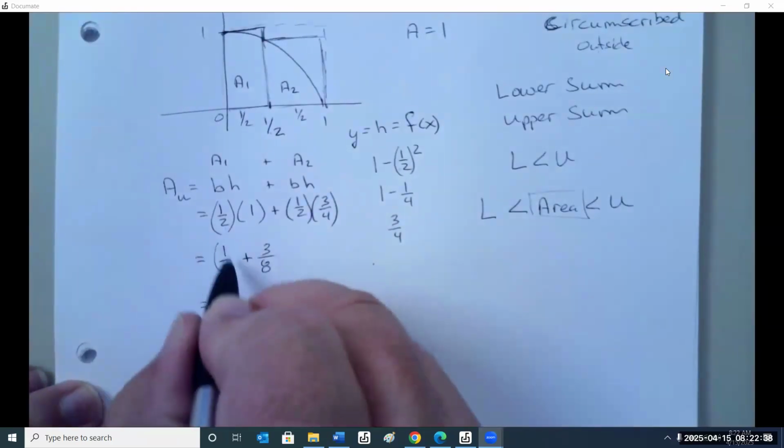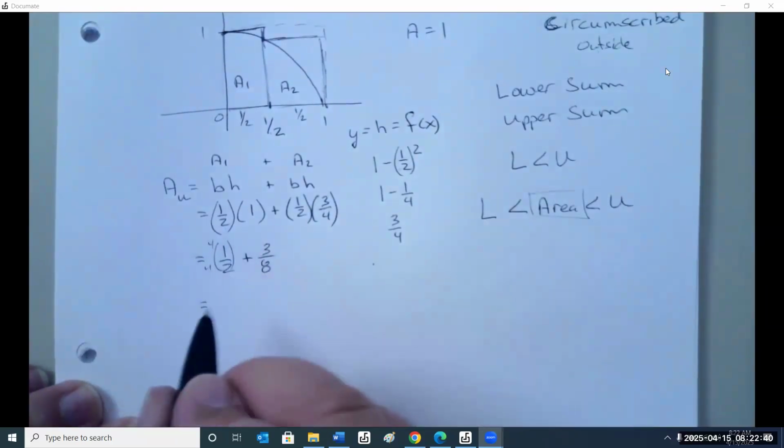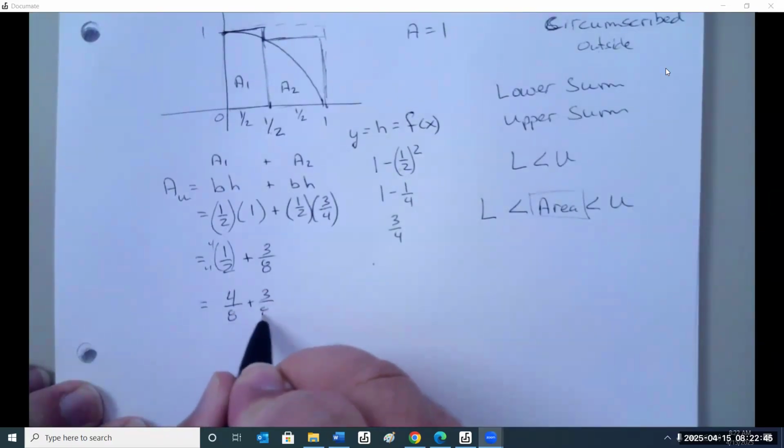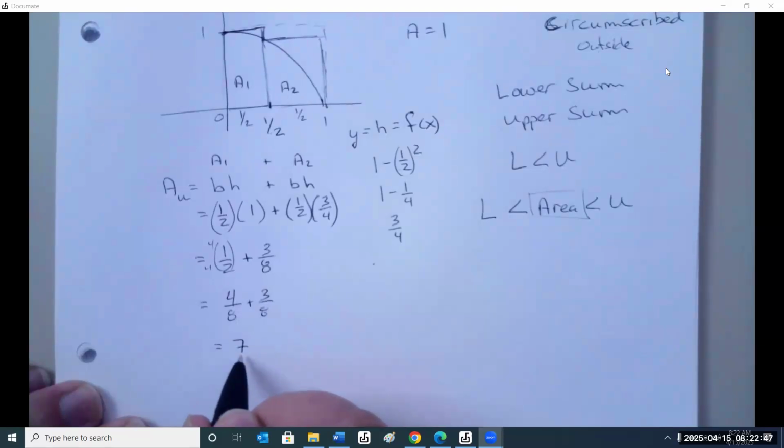We multiply by 4. So it's 4/8 plus 3/8 is 7/8.